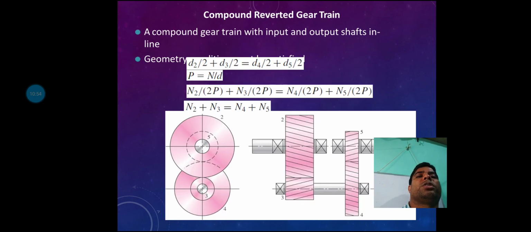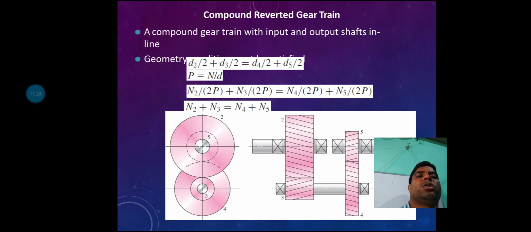Compound reverted gear train: a compound gear train with input and output shaft in line. So as per the geometry, d2 by 2 plus d3 by 2 is equal to d4 by 2 plus d5 by 2. That means p is equal to n by d, and now putting all the values, n2 plus n3 is equal to n4 plus n5.